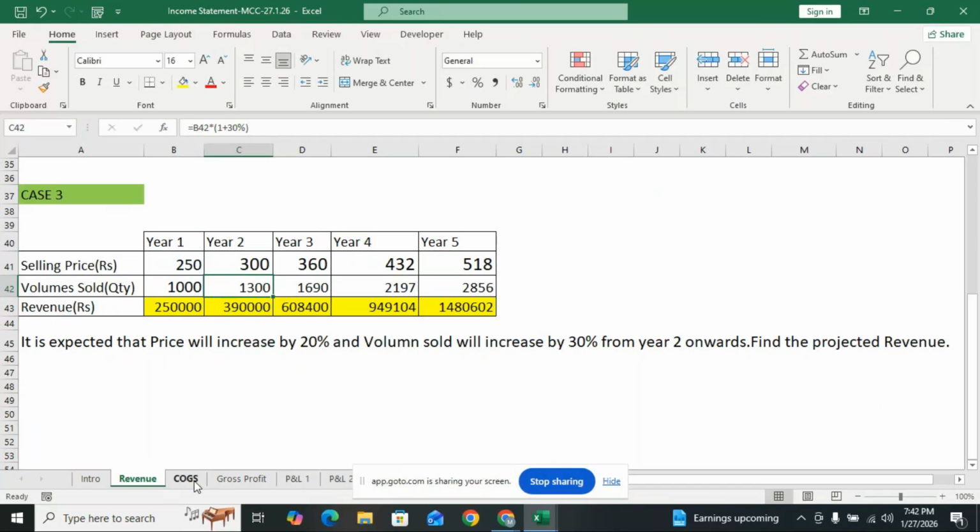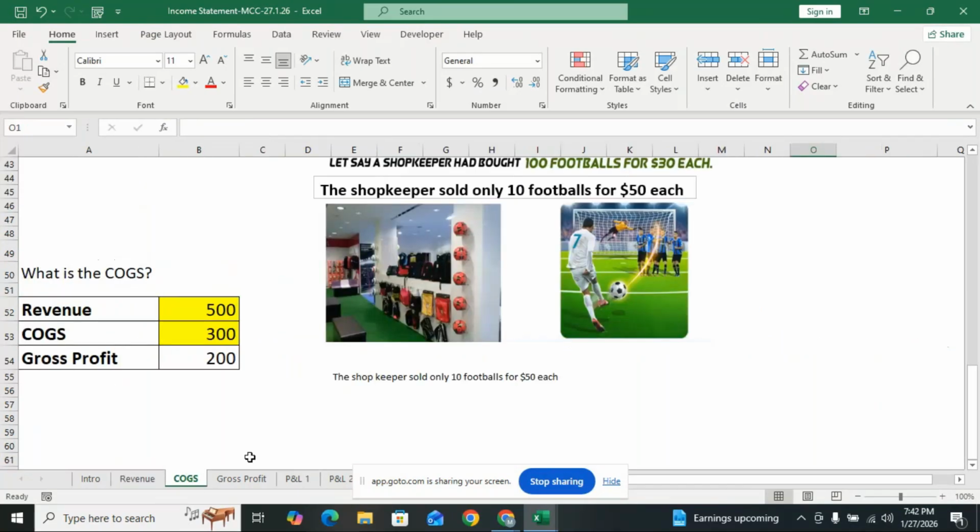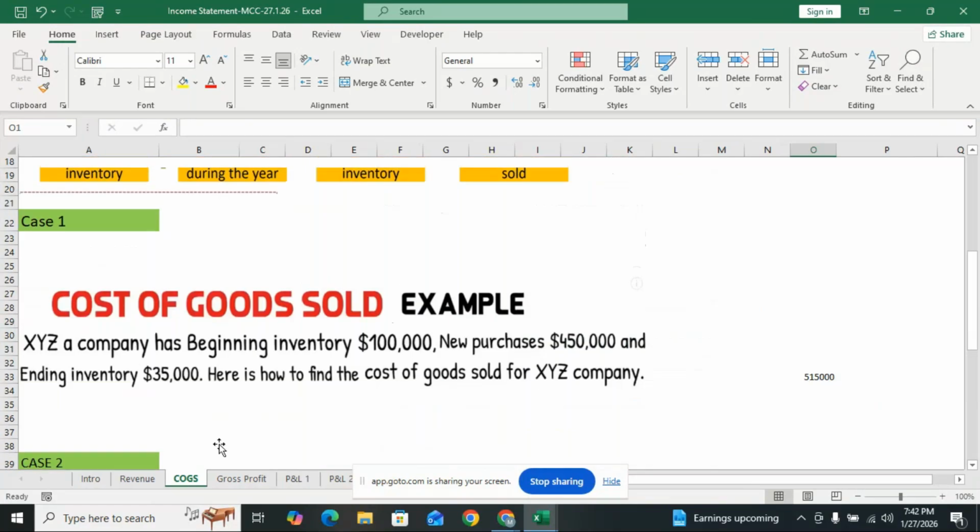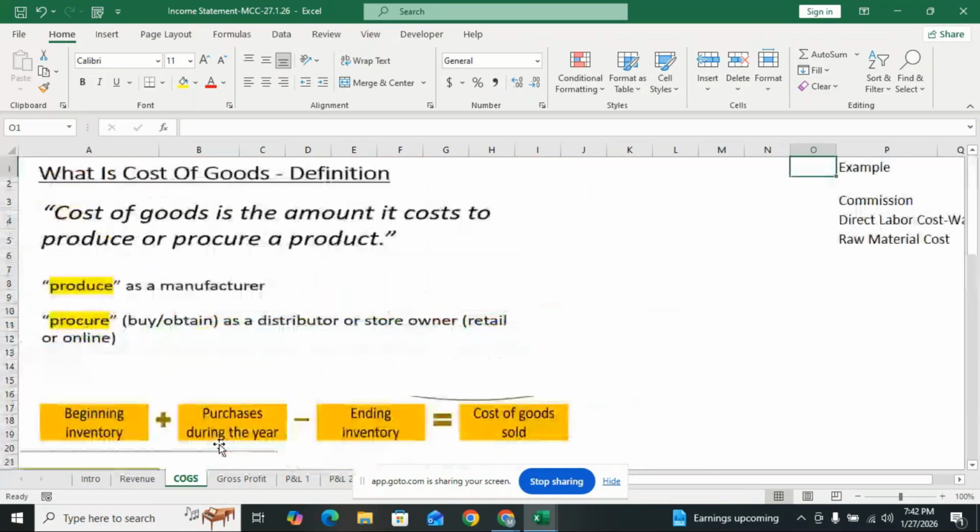Right. So the next sheet is a discussion of COGS, nothing but cost of the goods sold. What cost do you incur to manufacture a product, or to resell a product? That's how you determine the cost of the goods sold.